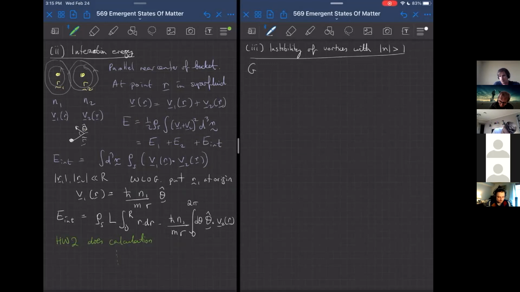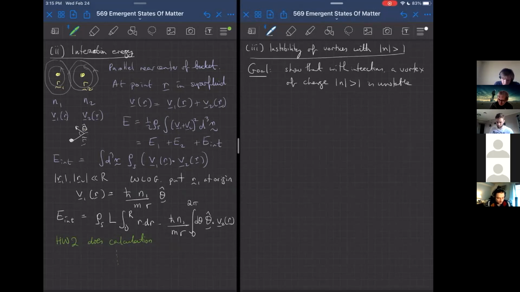So our goal in this section is to show that with interactions, a vortex of charge, topological charge, or strength n greater than 1 is unstable towards the formation of vortices with n equals 1.